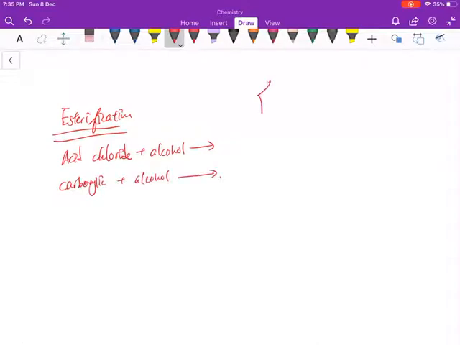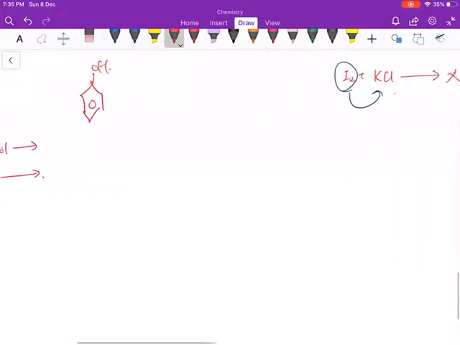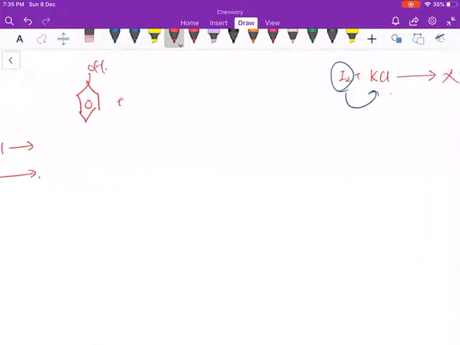If you think about phenol, it has a hydroxy group. It could also be an alcohol and it could also react. But if we try to use phenol and react it with, let's say, ethanoic acid, you see no reaction. So why is that?